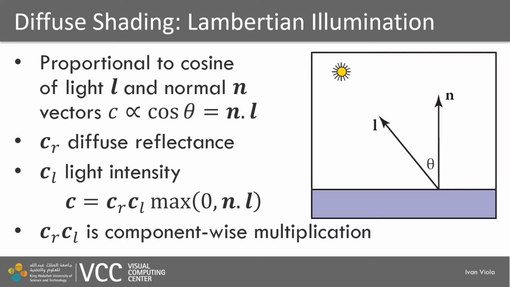But now we will bring some other elements to this characterization, namely the diffuse reflectance, CR here, which we can also call the material color of that object.